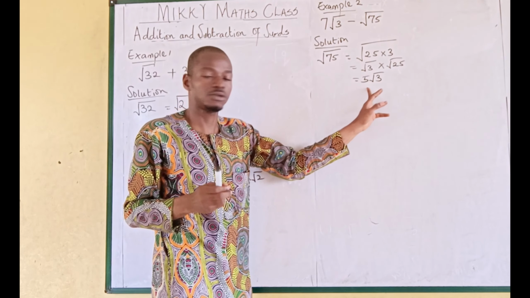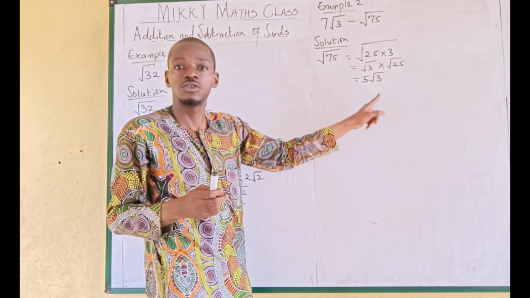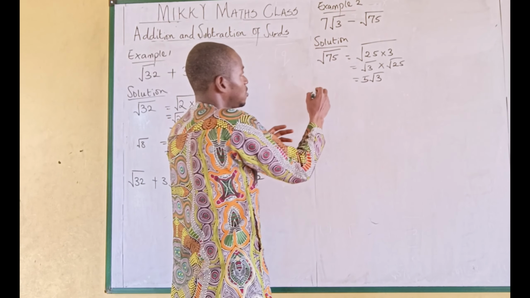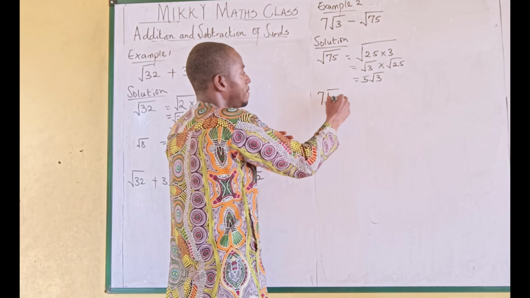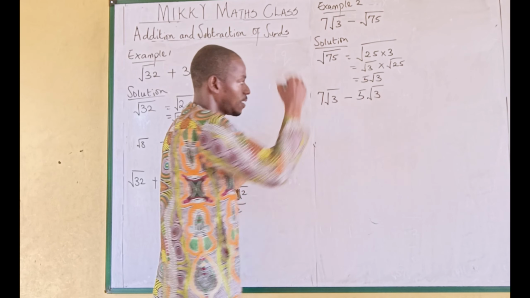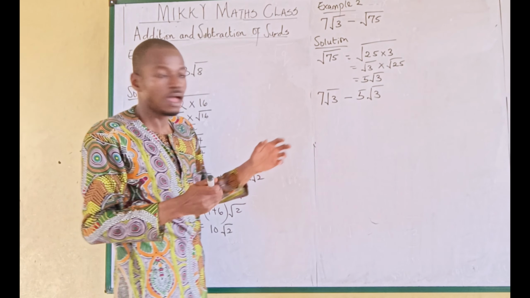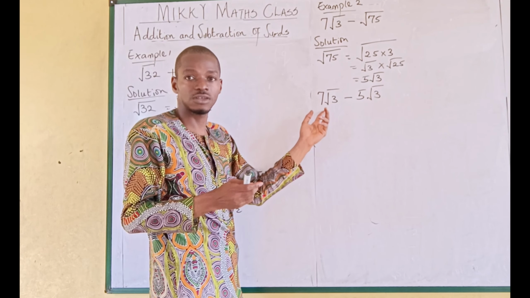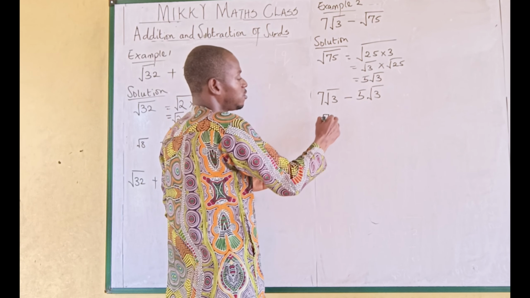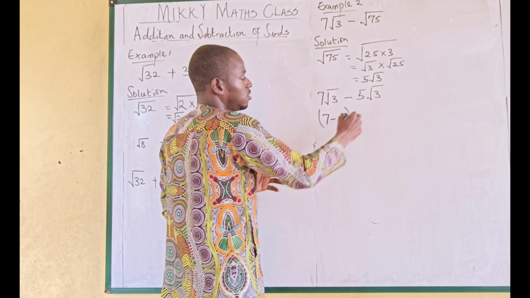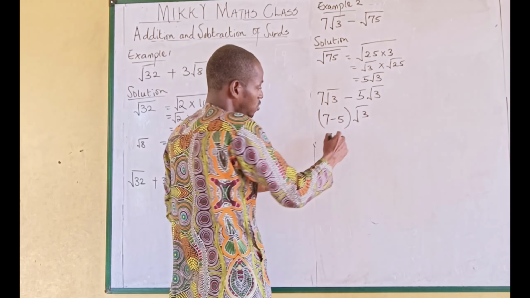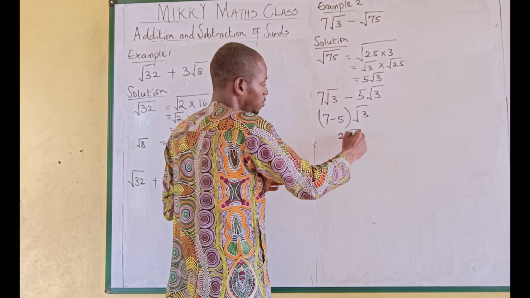I've ended up splitting root 75 into 5 root 3. Now let's merge them together. So this is 7 root 3 minus 5 root 3. Now the constants in front of the surds are what you subtract. So 7 minus 5 is 2, giving 2 root 3.